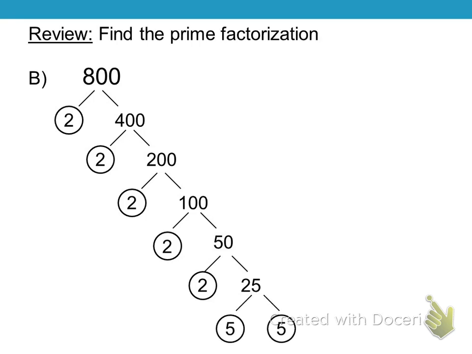Good. So we have 1, 2, 3, 4, 5 2s. So 2 to the 5th and 5 squared. What are your questions?